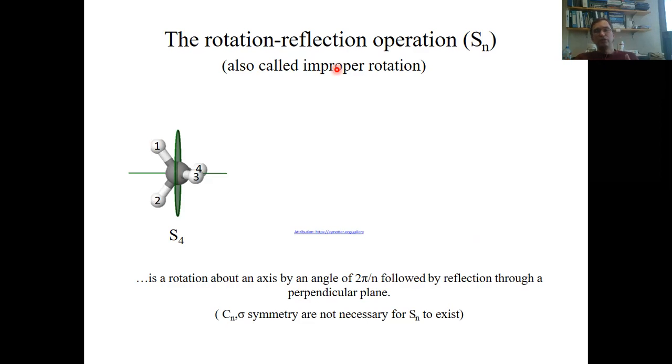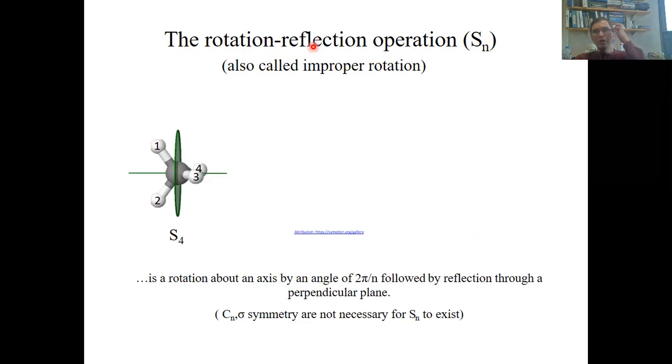So the rotation reflection is denoted by the symmetry symbol S subscript n, whereby n tells you about the order of the improper rotational axis. So it's important to understand that only after both parts of the movement, the rotation and the reflection, are carried out, the operation is complete.